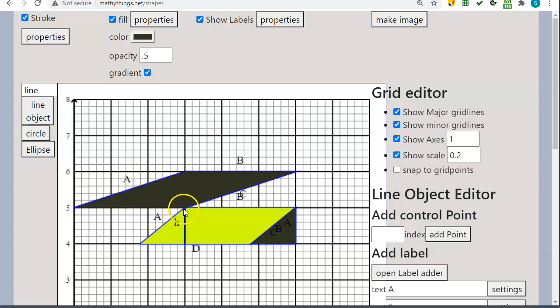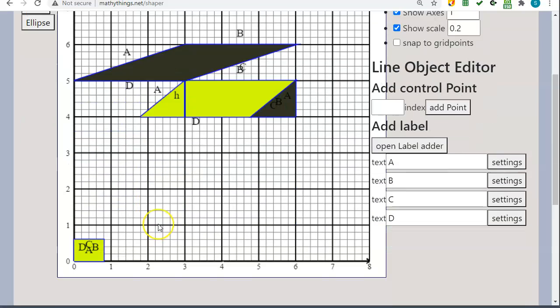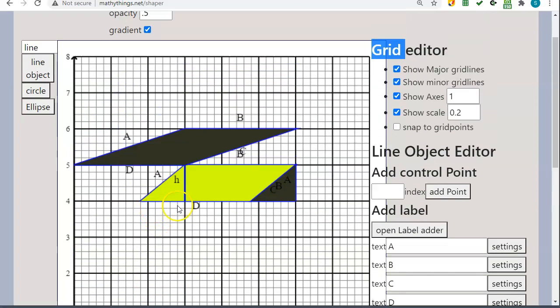So this parallelogram, let me finish it. This parallelogram and this parallelogram, they both have 3 for a base and 1 for a height. So these both have area 3, but they look very different.